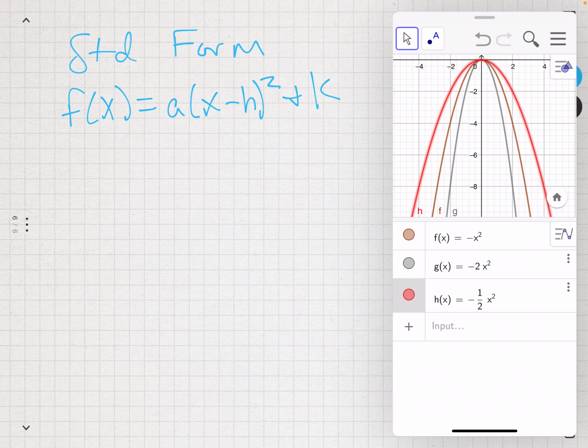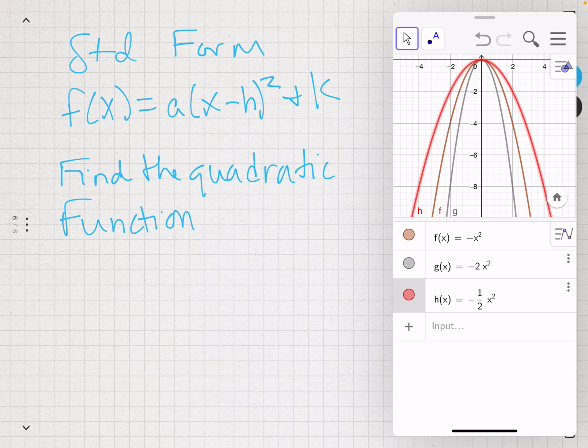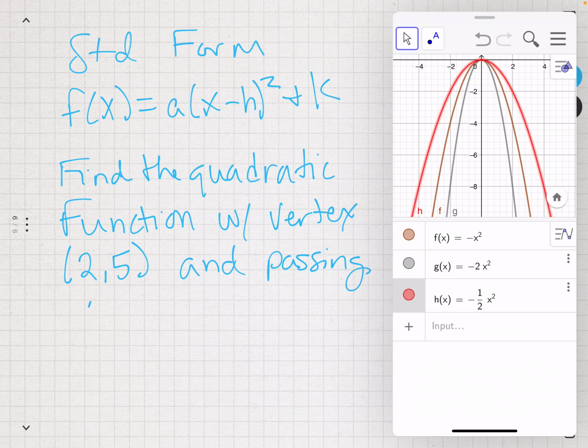And this question says find the quadratic function with vertex (2, 5) and passing through (3, 7).